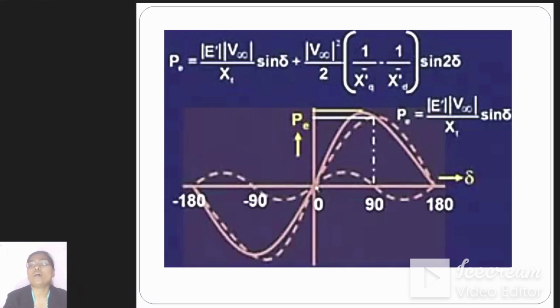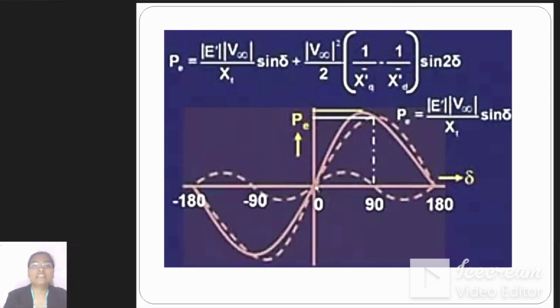As you can see on the power angle curve, delta keeps on increasing beyond 90 degrees also, but the electrical power has started falling. This will continue like this, and the system will lose synchronism, and the speed will keep on increasing even when we have not increased the mechanical power beyond a certain value.